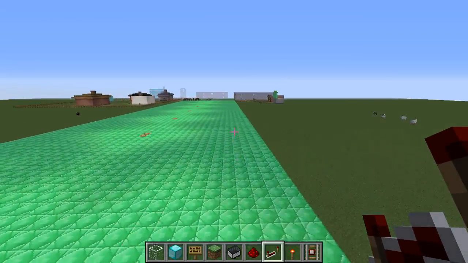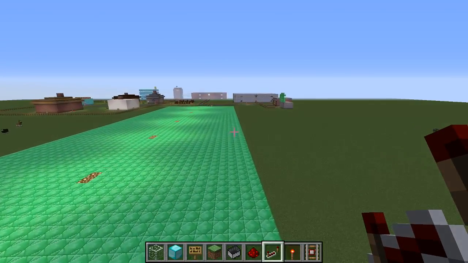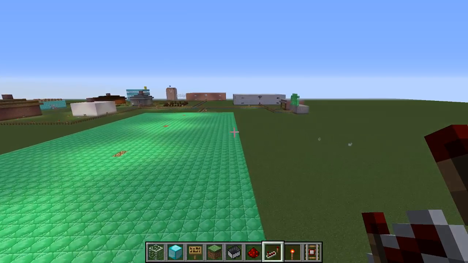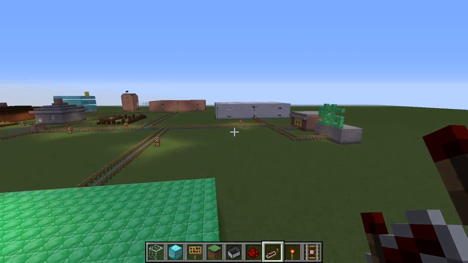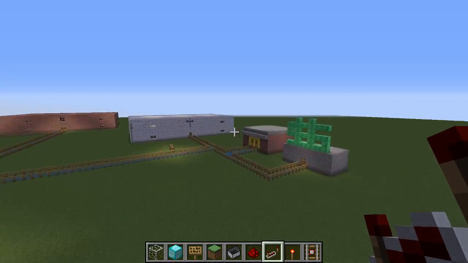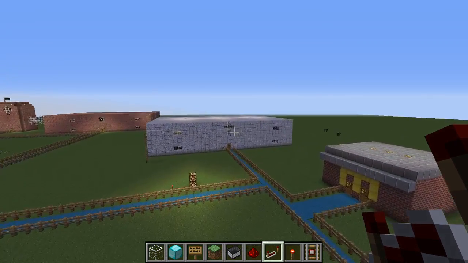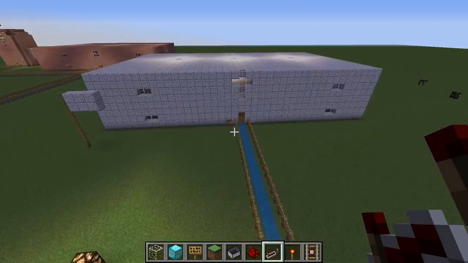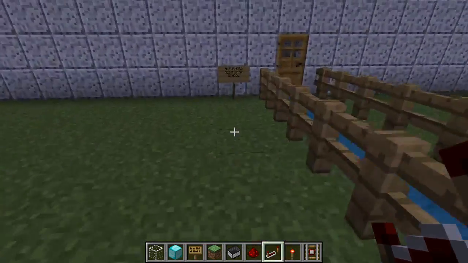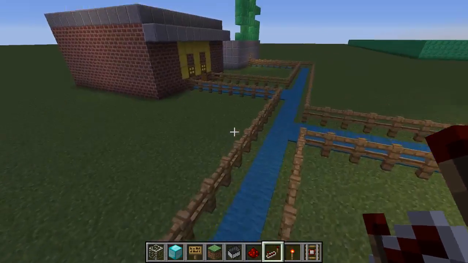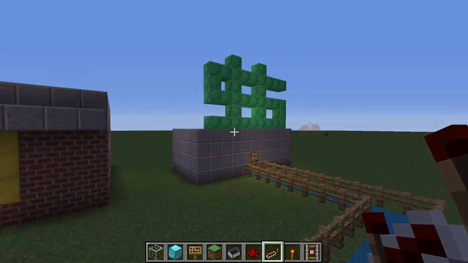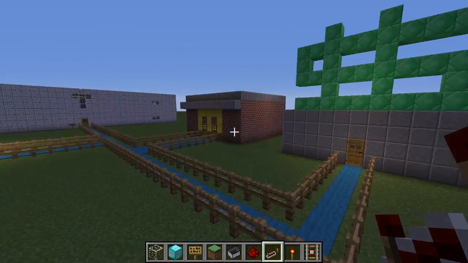Moving along, I want to cover the section that has to do with jobs, essentially. Over here is a high school I built. As you can see, Alejandro Secondary School. And over here we have a McDonald's and what is supposed to be the dollar store.